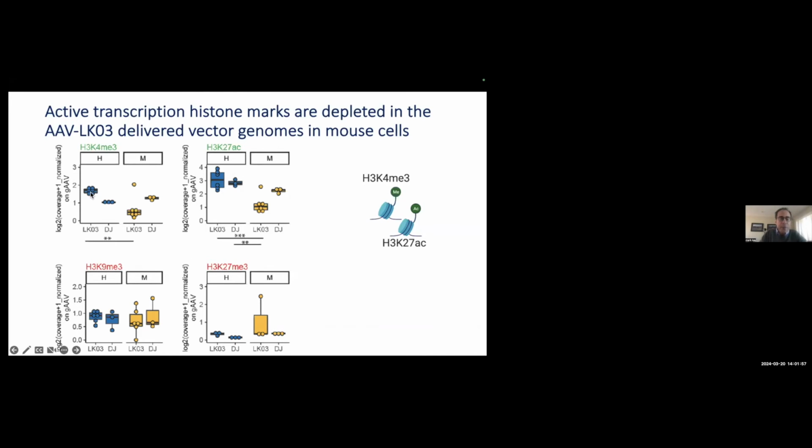And what we see is that in the mouse cells, there's a paucity of the histone modifications that are associated with active transcription relative to the human cells. The repressive marks are about equal concentration, both in human and mouse cells. So what we're seeing then is that based on the capsid that's delivering the AAV vector genome, there can be a difference in the epigenetic marks.